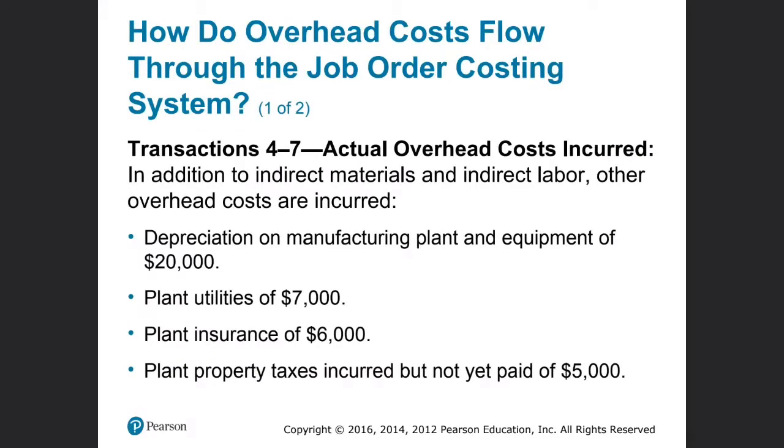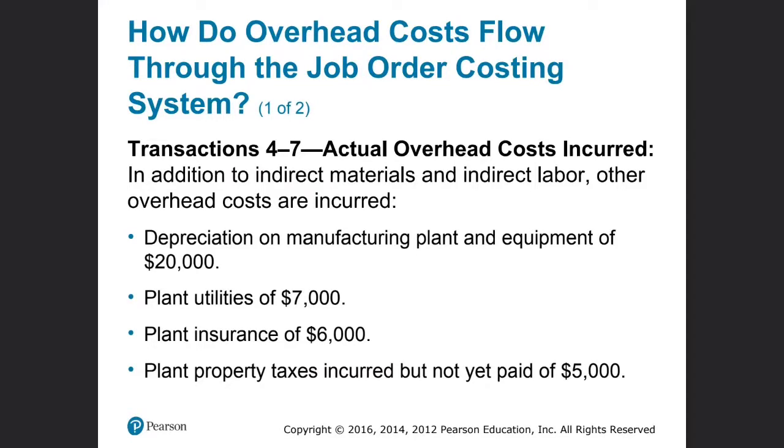How do overhead costs flow through the job order costing system? We're going to be looking at transactions 4 to 7, actual overhead costs incurred. In addition to indirect materials and indirect labor, other overhead costs are incurred as well. You may have depreciation, plant utilities, plant insurance, property taxes.